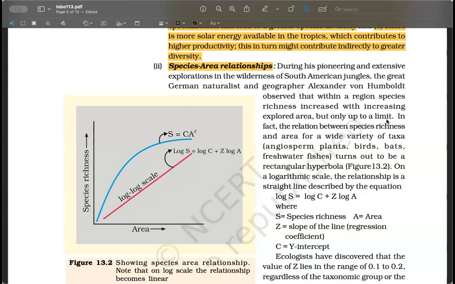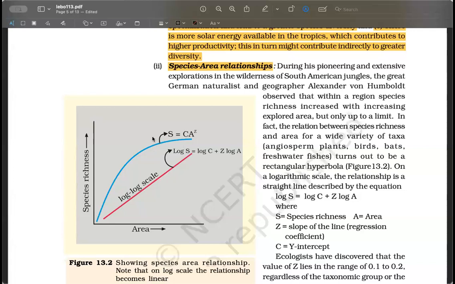In fact, he figured out that the relation between species richness and area for a wide variety of organisms is a rectangular hyperbola. What is a rectangular hyperbola? This blue line. If you keep going with this blue line, you will see that it will make a rectangle, right? Like this. So it is a rectangular hyperbola, this blue line.